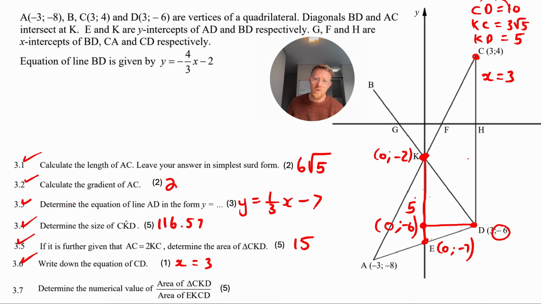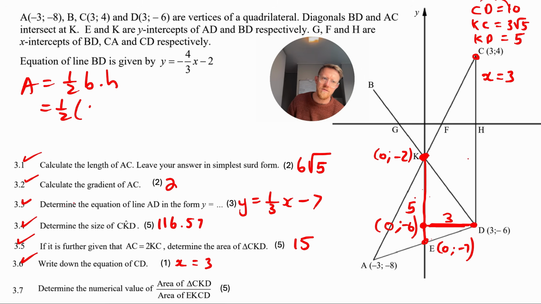And so we can then look carefully at this x value, which is 0, this x value is 3, and so this horizontal distance is 3. And so now we can just go use half base times height, and that's going to be a half. Now the base is 5, and the height is 3, and so you'd end up getting 7.5.